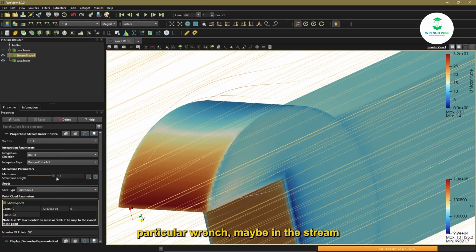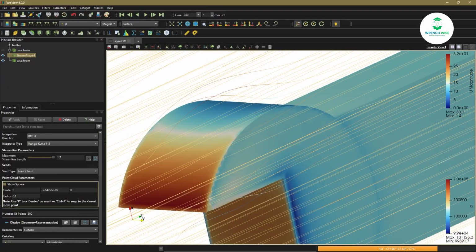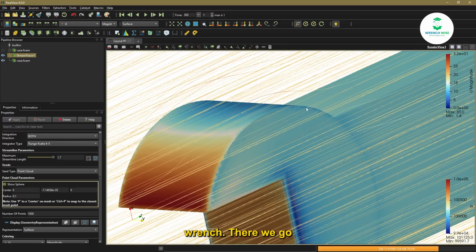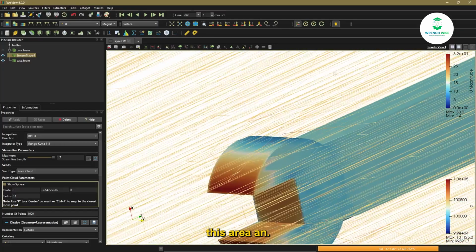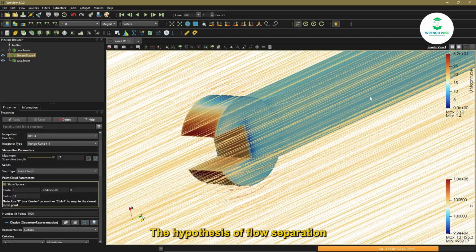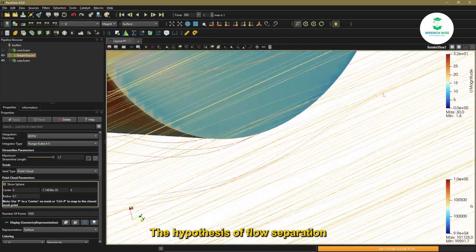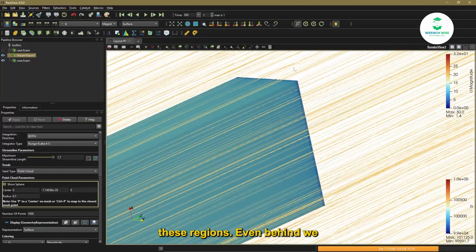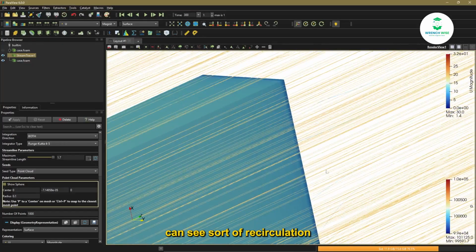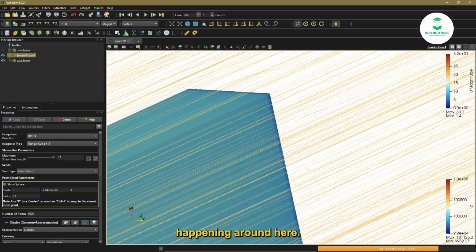Maybe in the stream tracer, let me increase the number of points to 1000. I just want to see near my range. There we go. We have more points that go away from the range around this area, and the hypothesis of flow separation makes sense around these regions. Even behind, we can see recirculation happening around here.